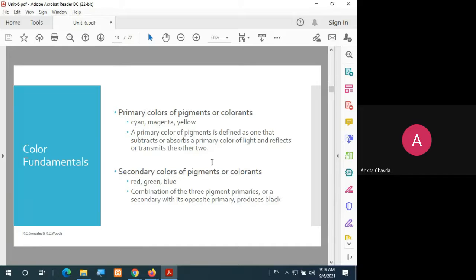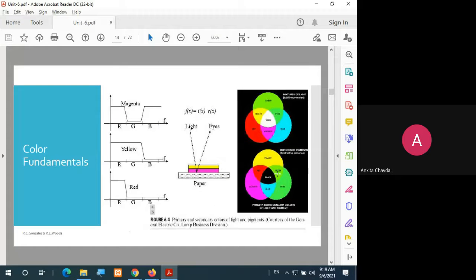Like that. So secondary colors of the pigments or the colorants, you will have red, green and blue after subtraction, and the combination of these three pigment primaries, or a secondary with its opposite primary, produces black color. So that is why we have black color here.